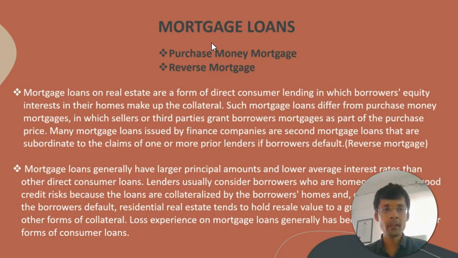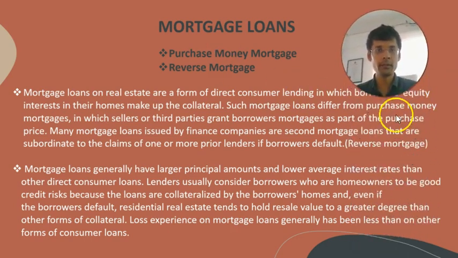And these mortgage loans can also be assigned to other mortgage companies. So we need to ensure that the mortgage loans are correctly accounted for, and there can be two types: purchase money mortgage as well as reverse mortgage.